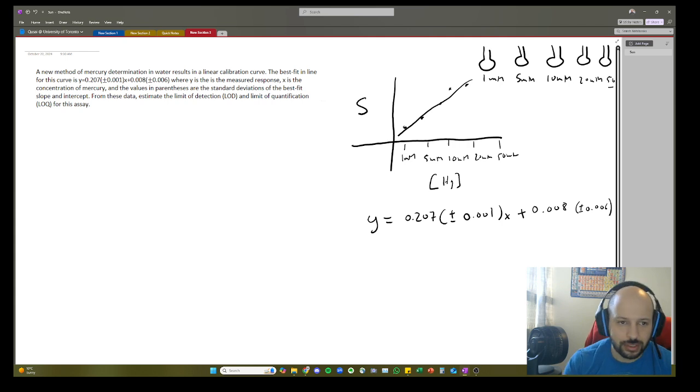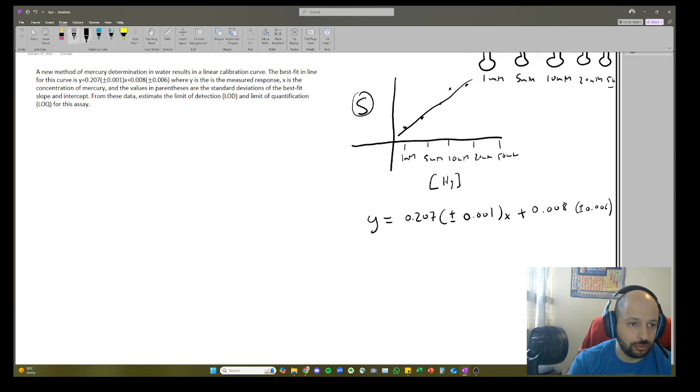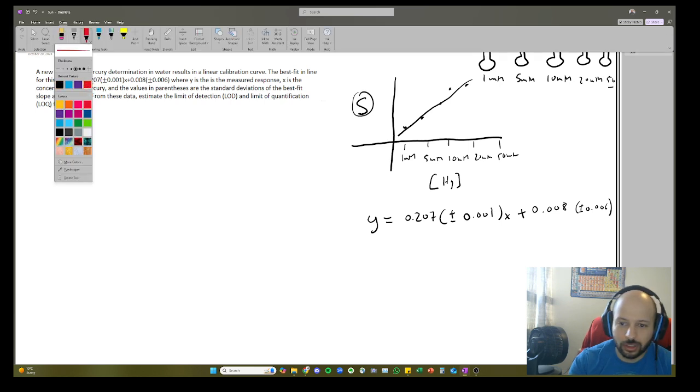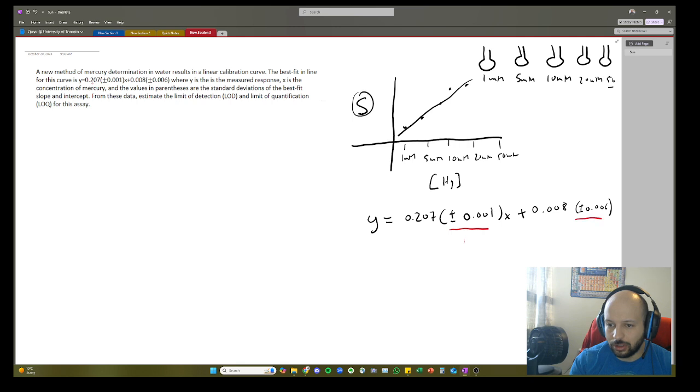That's the equation of the line for the linear plot we developed with our standard solutions. y is the measured response, the signal, and x is the concentration of mercury. The values in the parentheses, which I'll underline in red, are your standard deviations for the slope and the intercept.